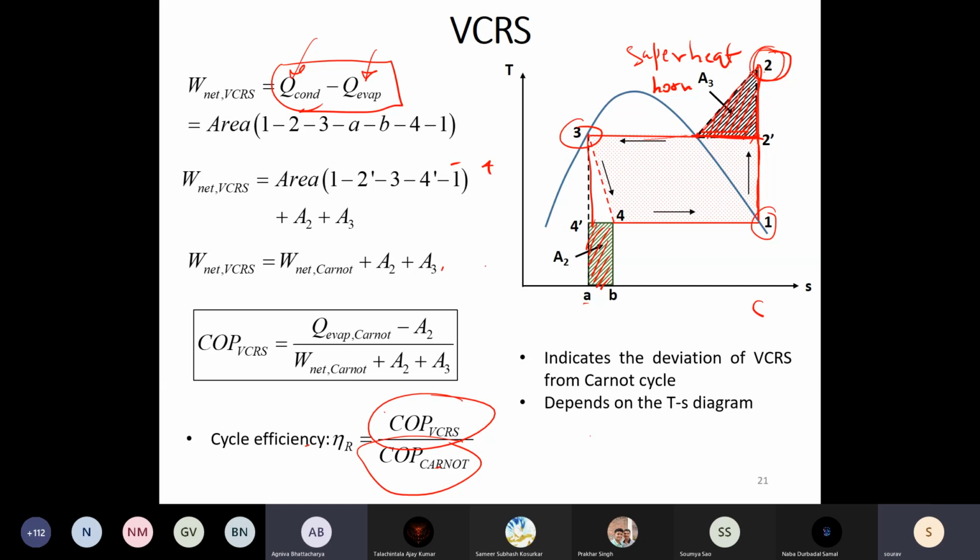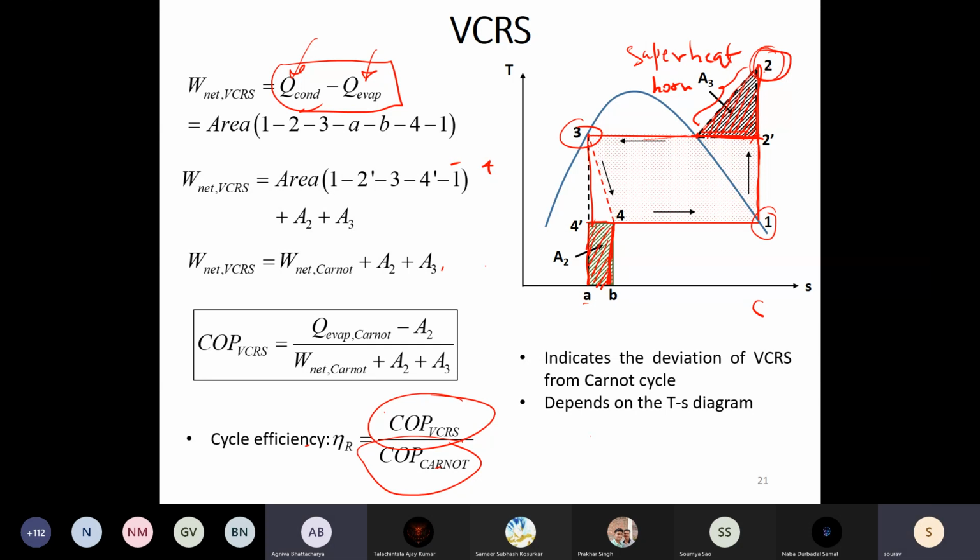So this additional superheat that we are incurring, this horn, signifies that particular loss when compared to your Carnot cycle. And this rectangle that we are seeing over here is called the throttling loss. This loss we have incurred by replacing a turbine with a throttling device. Now this throttling loss and the superheat horn can change based on the property of the fluid which we are using as the refrigerant.